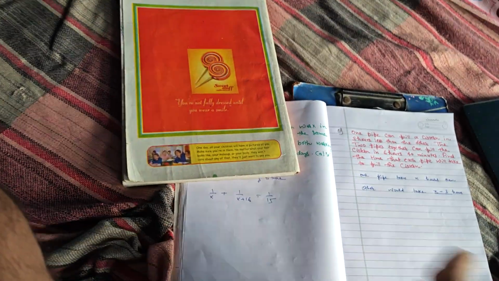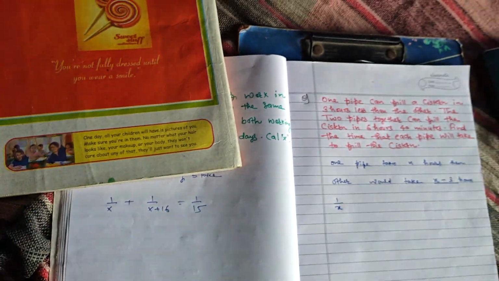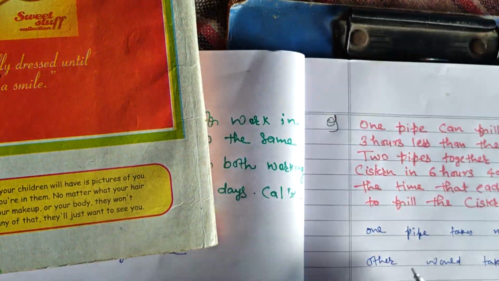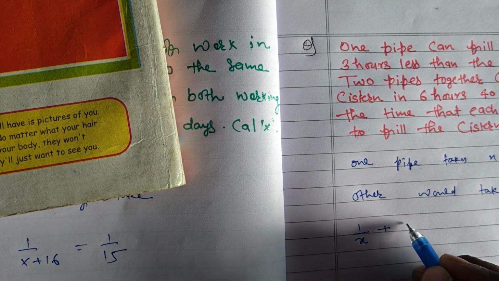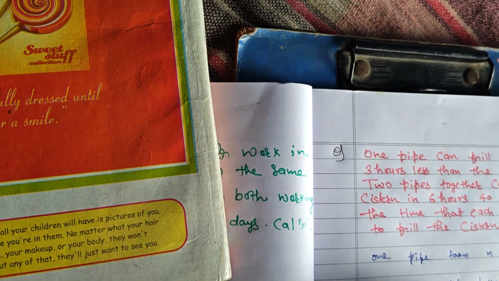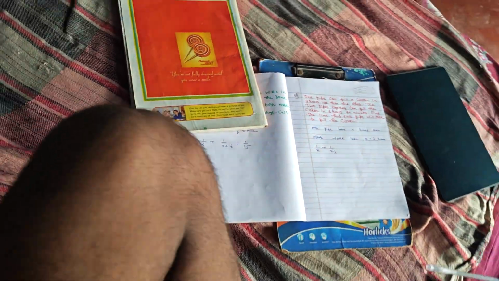In 1 hour, one would fill 1 upon X and the other would fill 1 upon X minus 3. If both of them fill together, then it takes 6 hours 40 minutes.